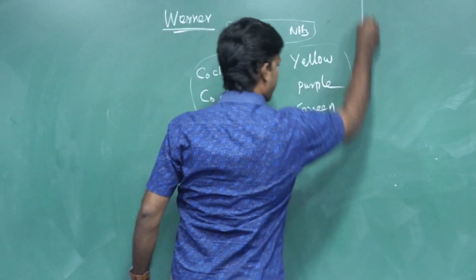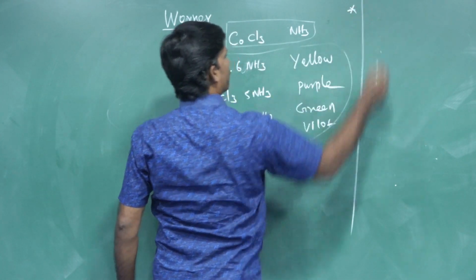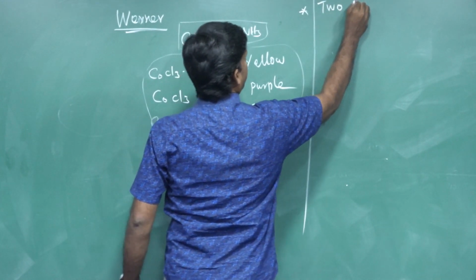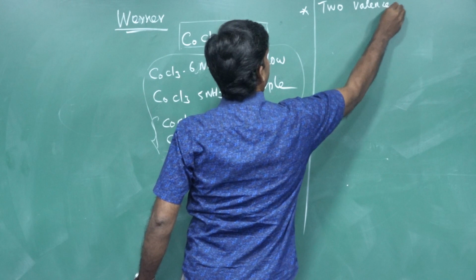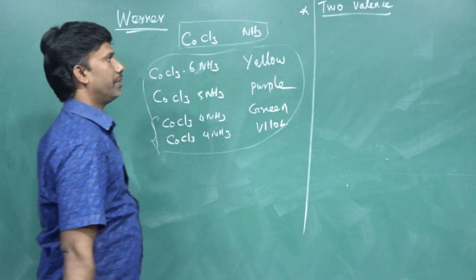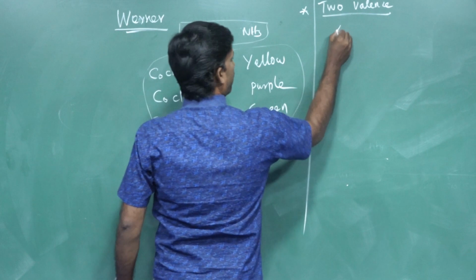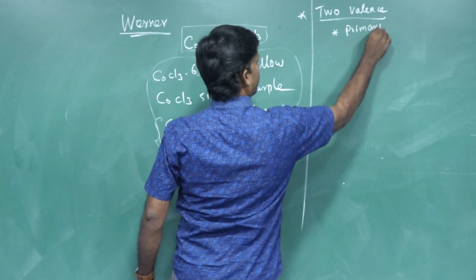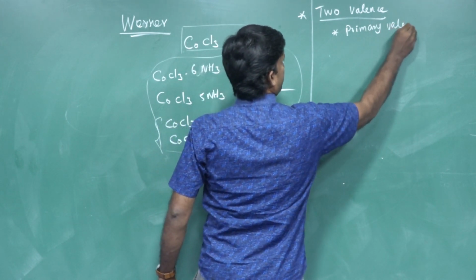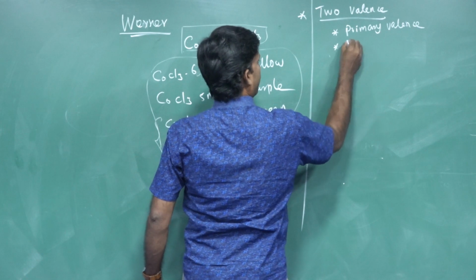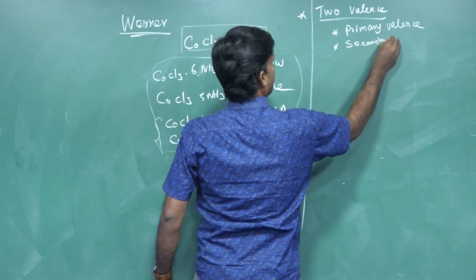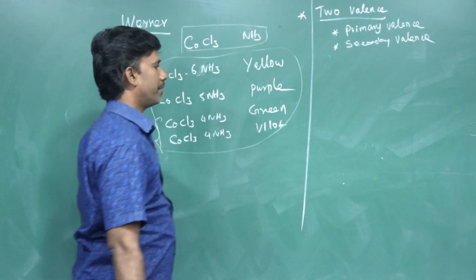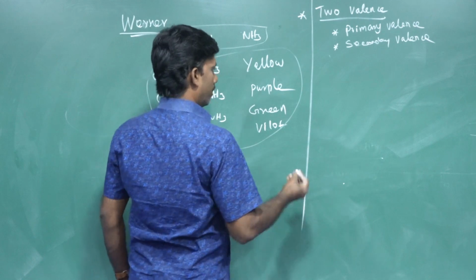The first postulate of Werner: each element has 2 valencies. One is a primary valency, another one is a secondary valency. Let us see one by one.